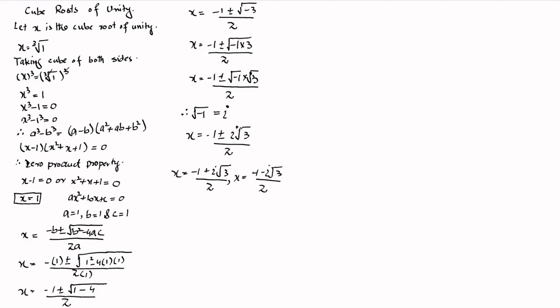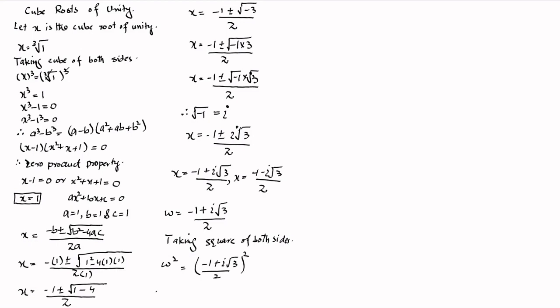Now let's suppose that omega is equal to minus 1 plus iota square root 3 divided by 2. So taking square of both sides, we have omega square is equal to minus 1 plus iota square root 3 divided by 2 whole square.